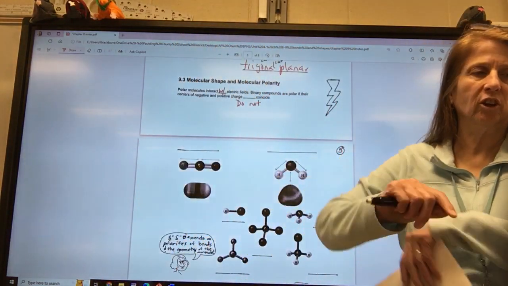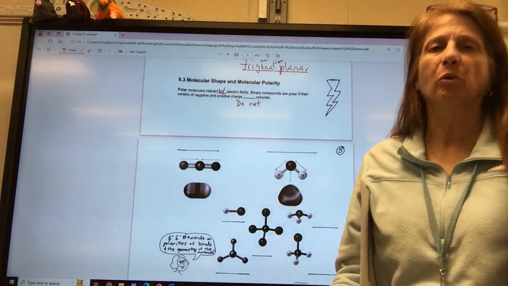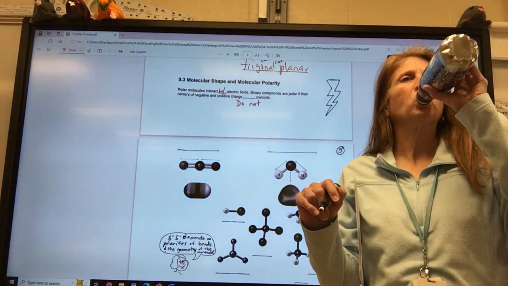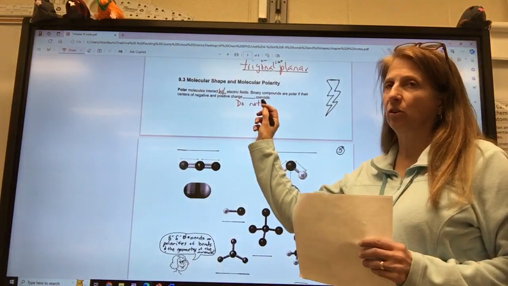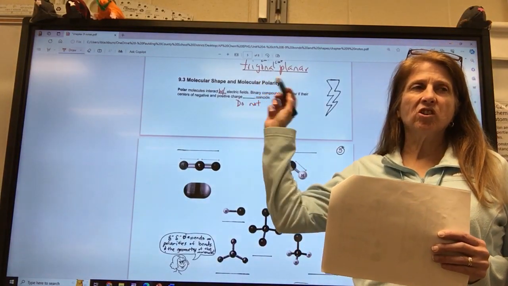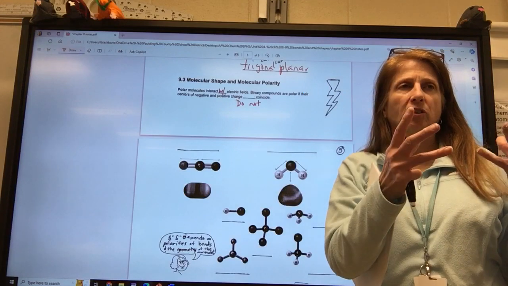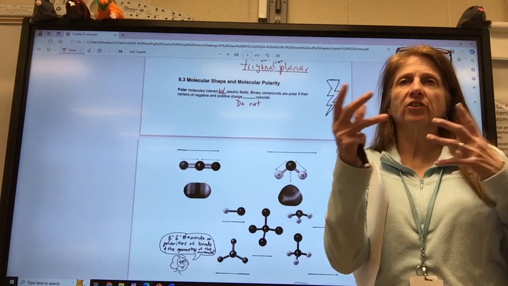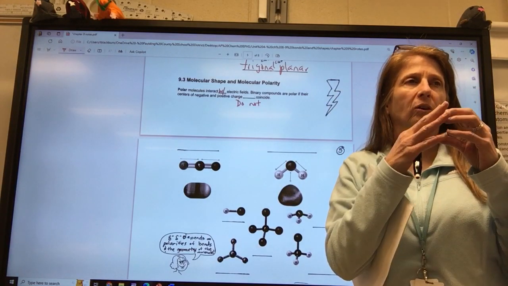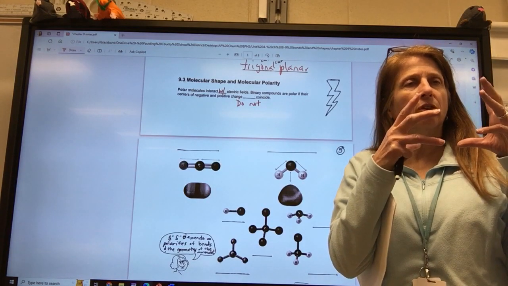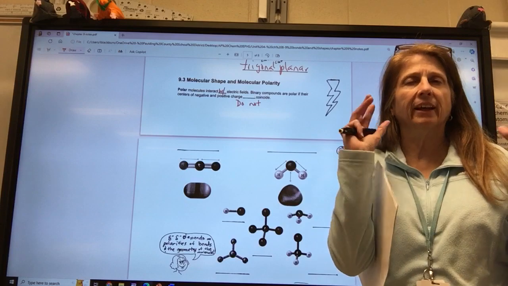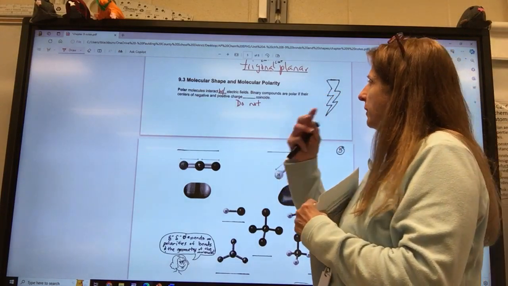Okay, so let me tell you what that is in more plain English. Symmetrical molecules, usually if they're completely symmetrical, all their charges cancel out and they're not polar. Polar molecules are asymmetrical, where they have a positive end and a negative end. That is what it is saying.